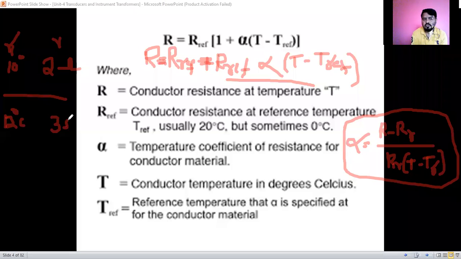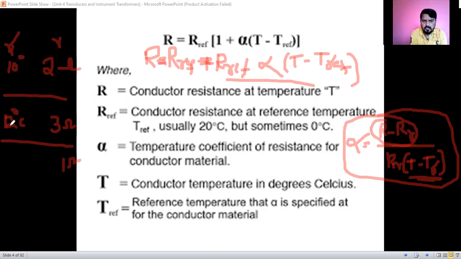Alpha equal to R minus R reference, that is final value minus initial value, 3 minus 2, which gives 1 ohm.